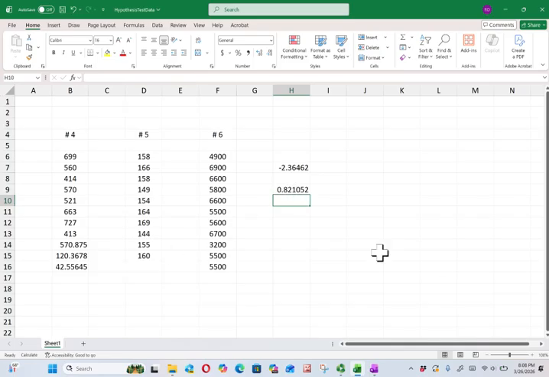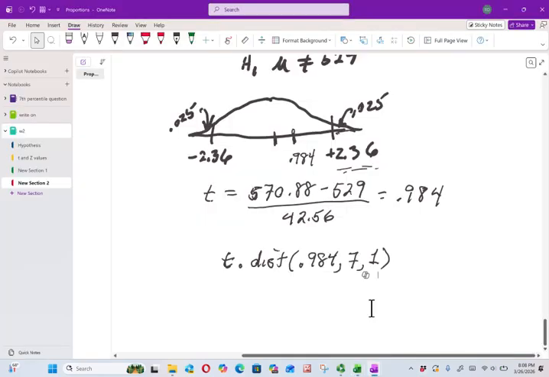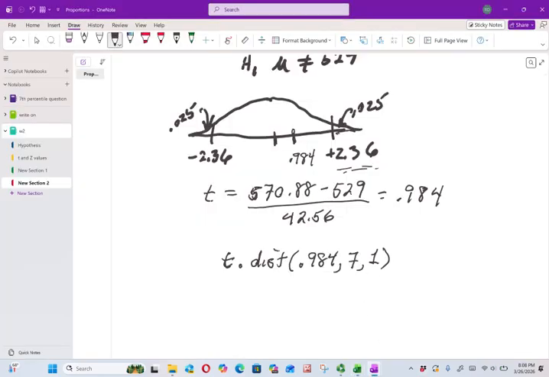So 0.984 is at the 82% mark in the distribution, so that there is 82% of the distribution to the left, which leaves 0.18 to the right.